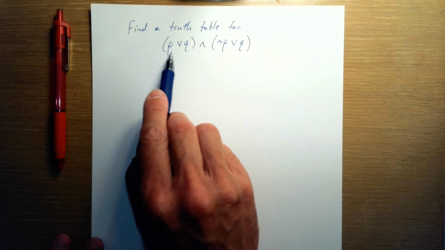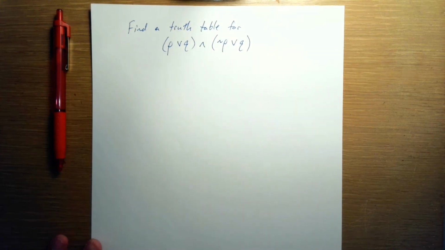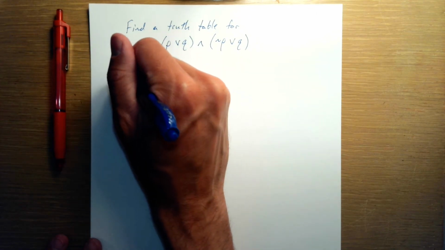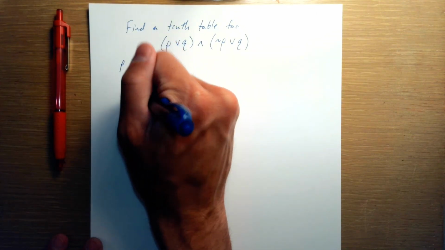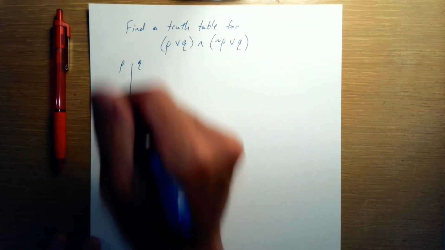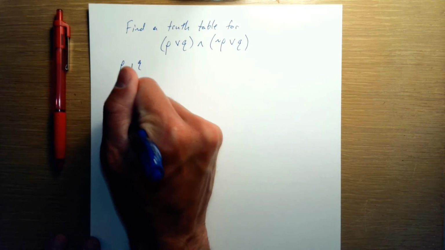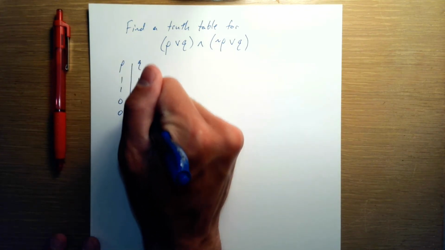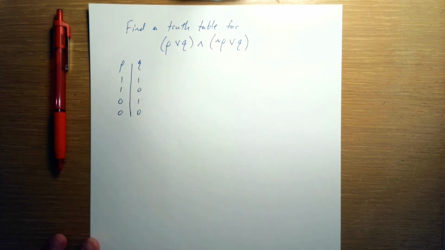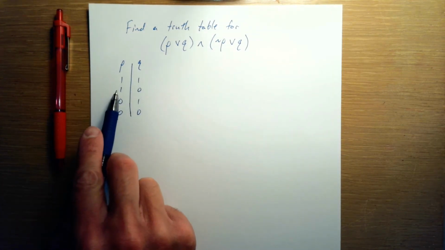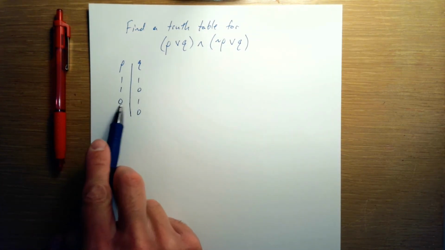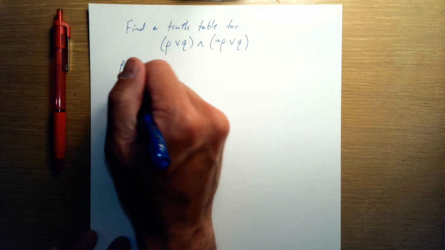So I can make a truth table for this, but I want to do this step by step so that it doesn't get confusing. So first of all, I notice that there are, again, two inputs, P and Q. And so I have exactly four situations. Both are true, P is true, Q is false, P is false, Q is true, or both false.